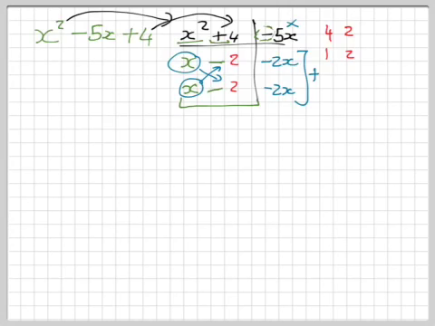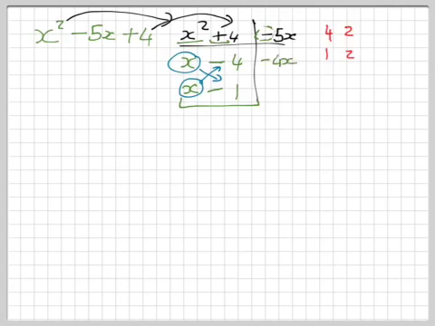So 2 and 2 doesn't work out, well then I'm going to have to try something different. What if I change my left-hand side? Let's try 4 times by 1. So x times by negative 4 is negative 4x.